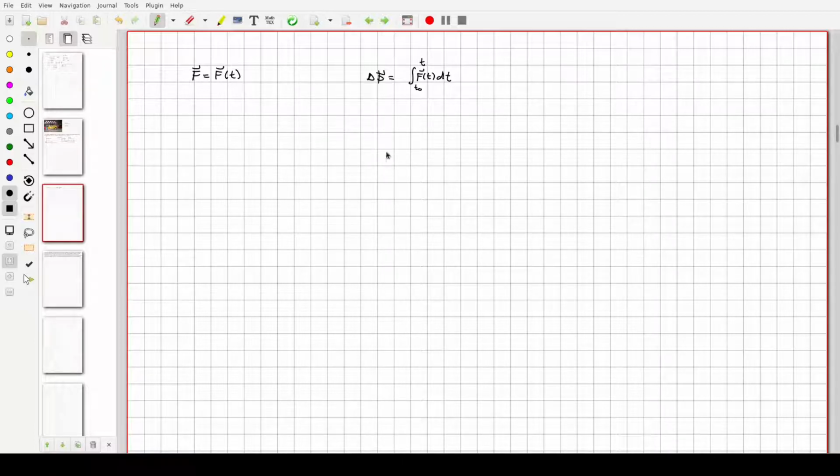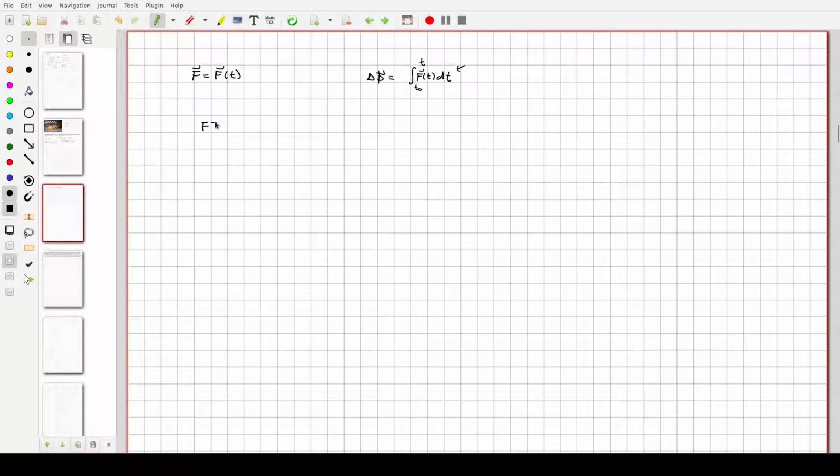So one way you can handle a force that is a function of position, because you have this time integral, would be to average it. So how do you average it? Well, you turn to the fundamental theorem of calculus.